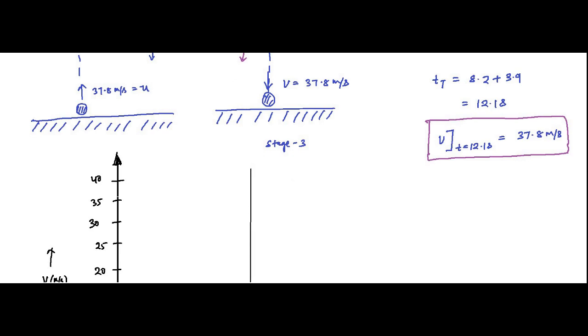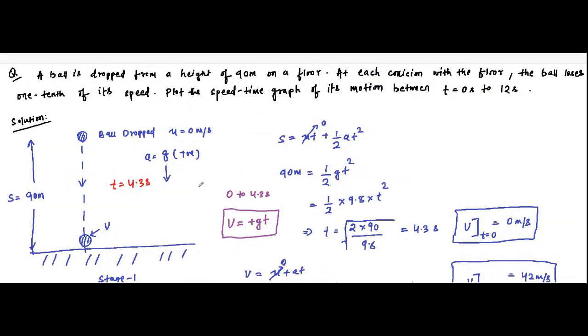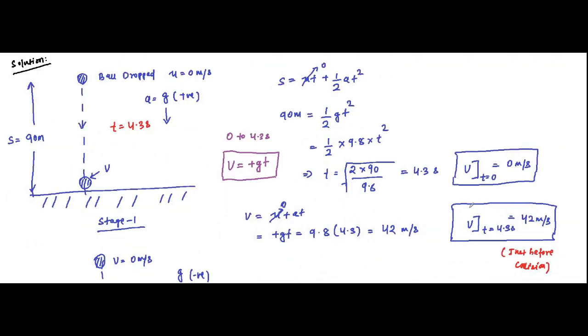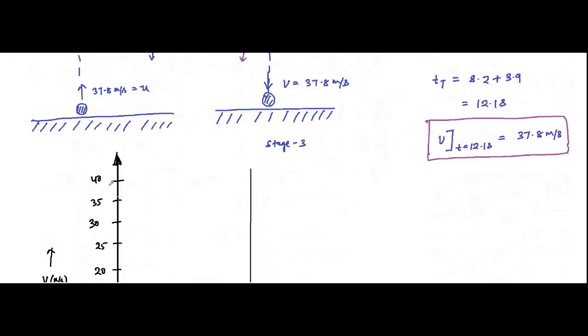Here at 4.3 seconds the velocity, we calculated, is 42 meters per second, somewhere around this point.